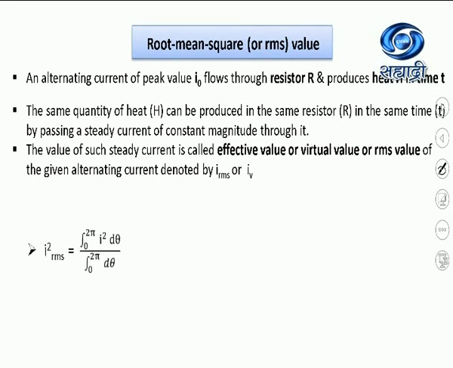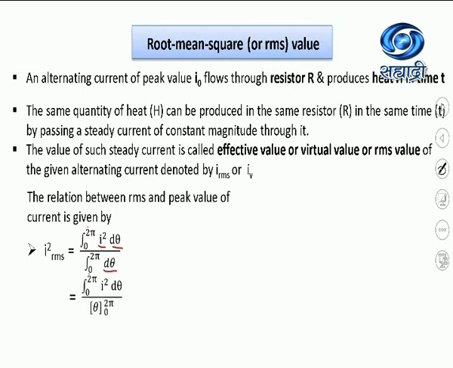Now, the relation between the RMS current and the instantaneous current or peak value of the current. The relation between RMS and peak value of the current is given by the formula I square RMS equals integration of I square with respect to theta, limits from 0 to 2 pi, divided by integration of d theta from 0 to 2 pi.